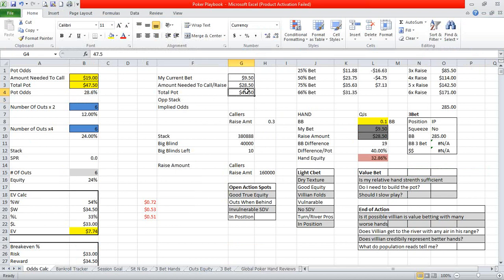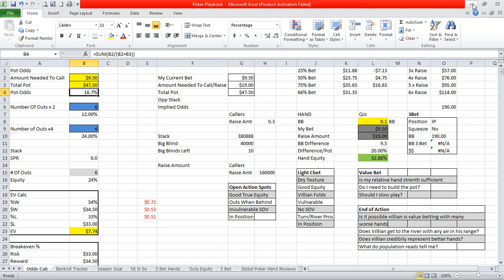So definitely I can call this even with a larger bet. On the other scenario, it's even better. When he bets 19, total pot is still 47.5. I get 16% pot odds, so definitely calling it.